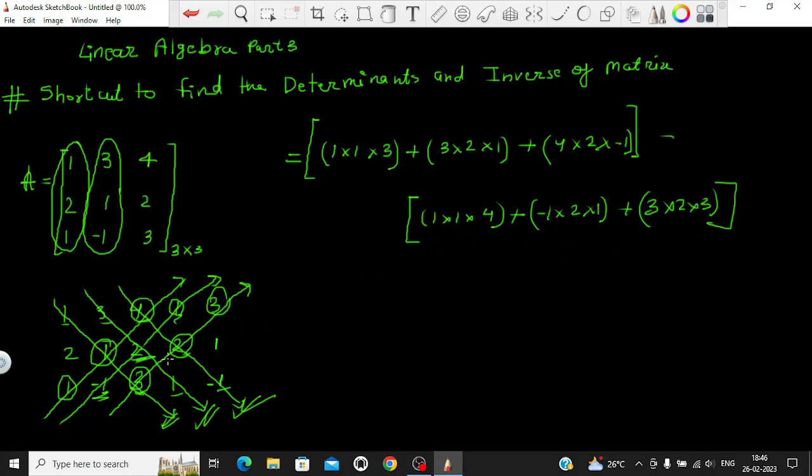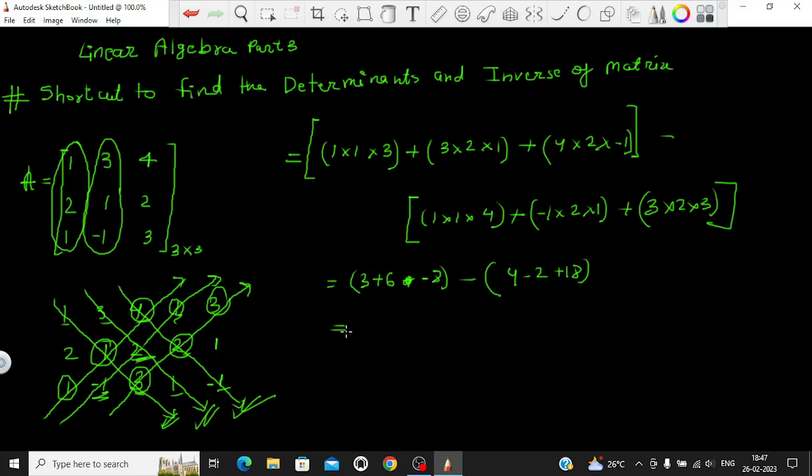Okay, you got the logic of how I am calculating. In this way you can calculate the determinant in an easy way. After solution you are getting 3 plus 6 minus 8, then minus sign 4 minus 2 plus 18.